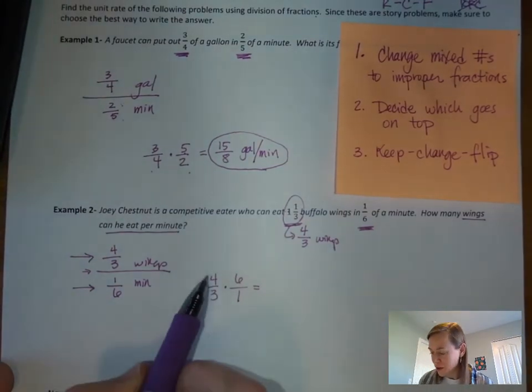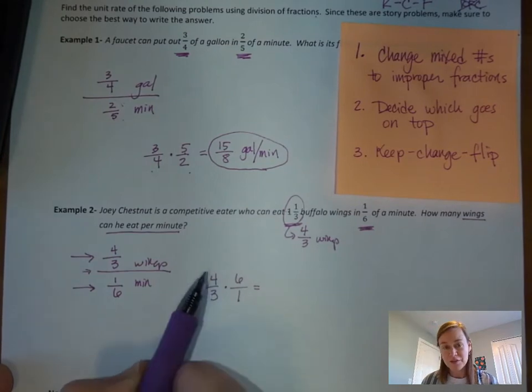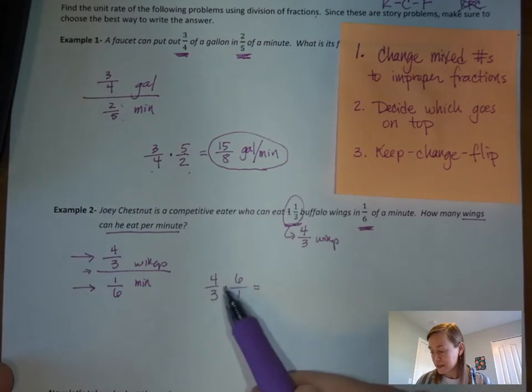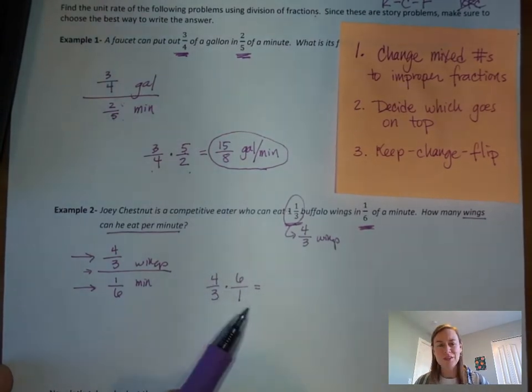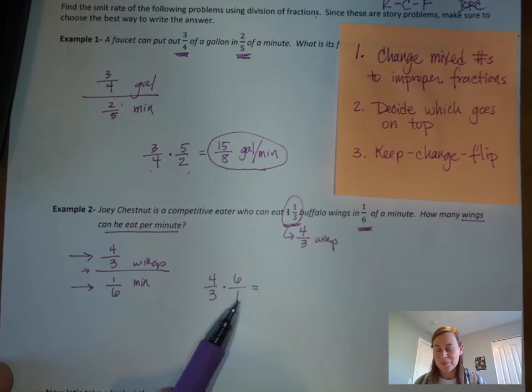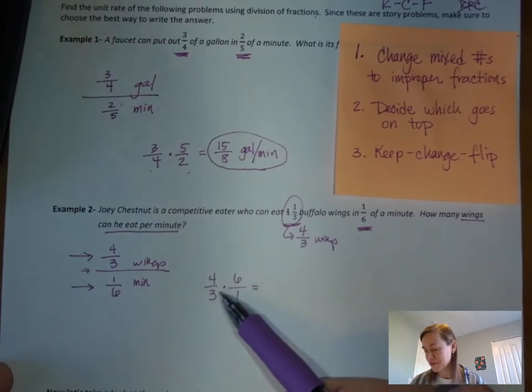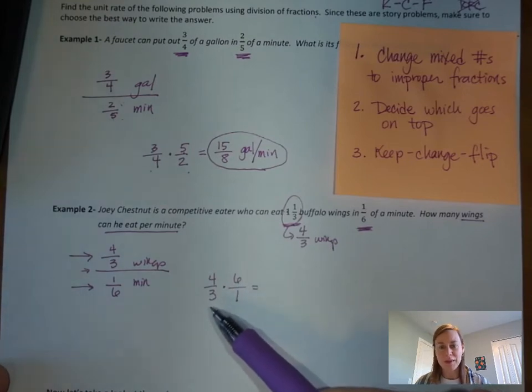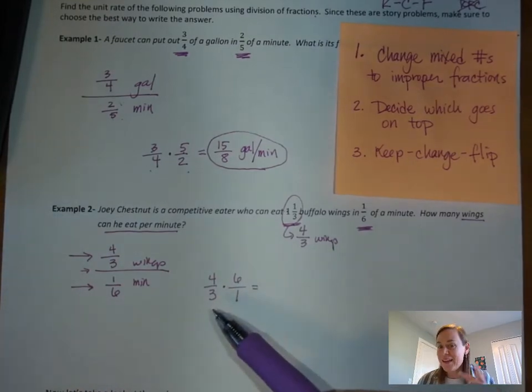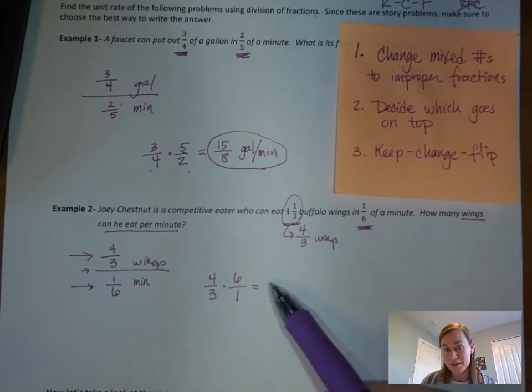When we're cross-canceling, you always look at the diagonal numbers. So we're going to look at the 4 and the 1, and we're going to look at the 6 and the 3. Now, if it was a fraction that said 4/1, could you simplify that? No. What if there was a fraction that said 6/3? Could you simplify that? Yeah, both of those numbers are divisible by 3. So we can go ahead and do that ahead of time and get a head start on the simplifying after we solve this.